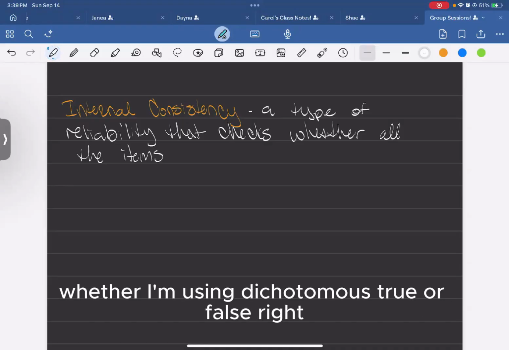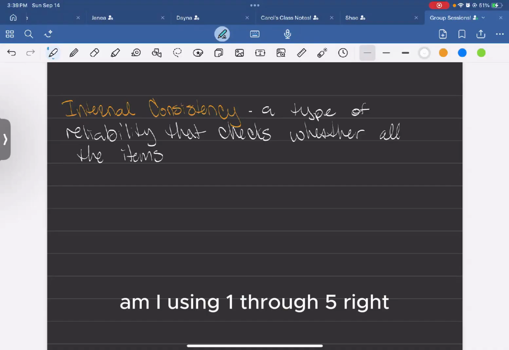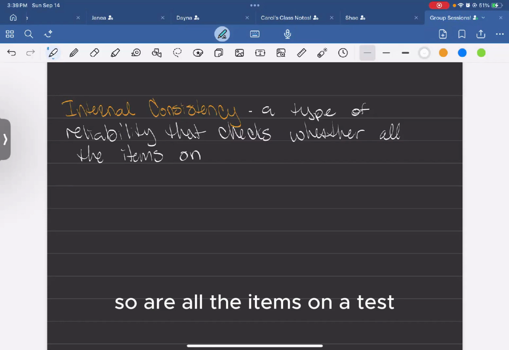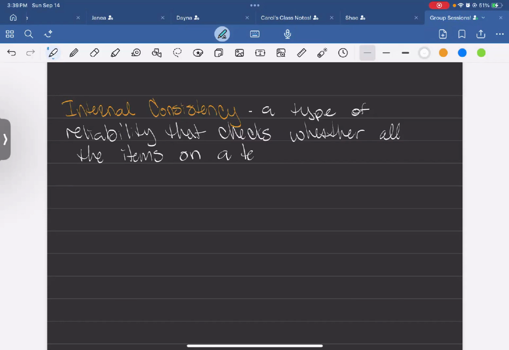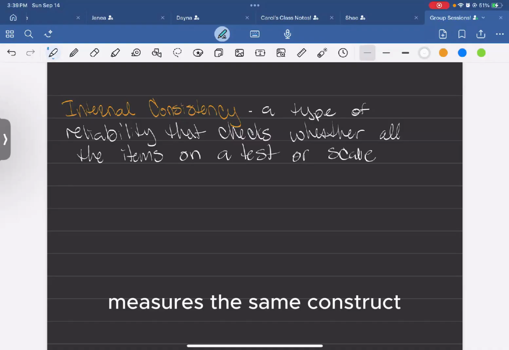Whether I'm using dichotomous, true or false, right? Am I using 1 through 5 on a Likert scale, right? So are all the items on a test or scale measuring the same construct?